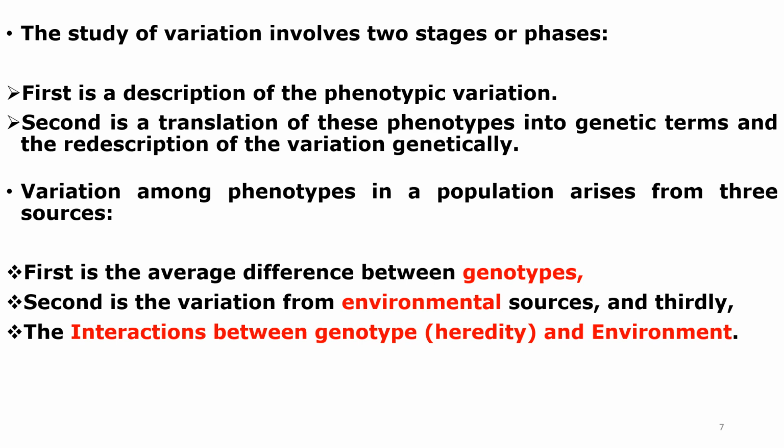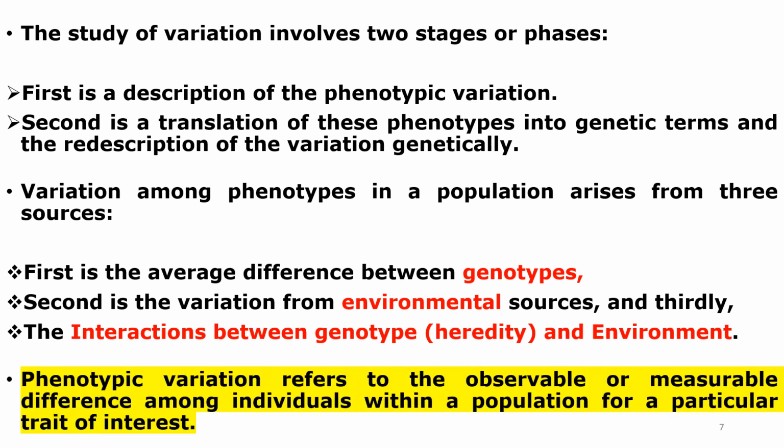First is the average differences due to the genotype. Second is variation from the environment. And thirdly, interaction between the genotype and the environment. So if we are to define phenotypic variation, we'll say it is the observable or measurable differences among individuals within a population for a particular trait of interest.